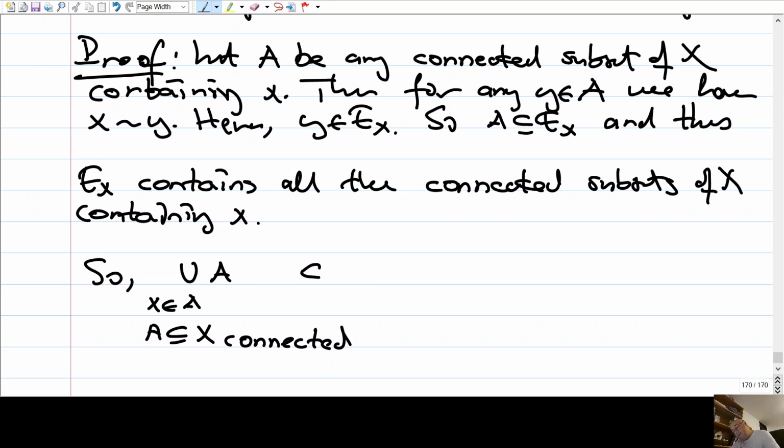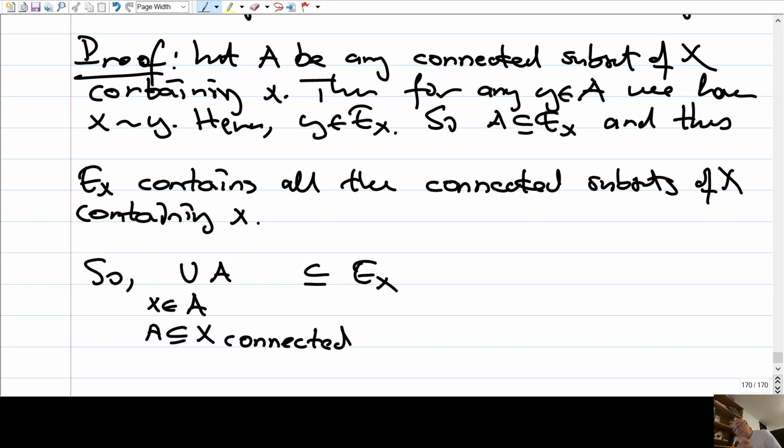We showed that this union lies inside EX. In other words, any connected subset of X which contains X lies inside EX, therefore their union lies inside EX.